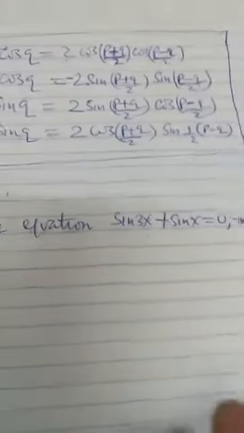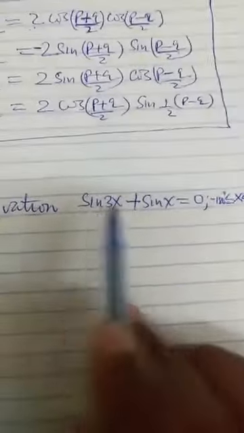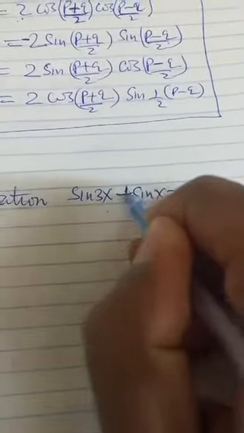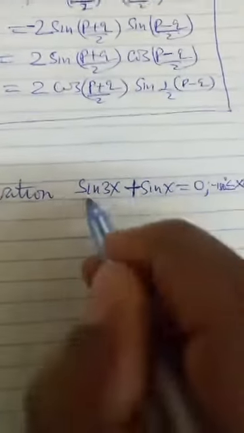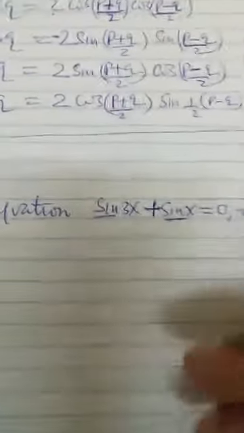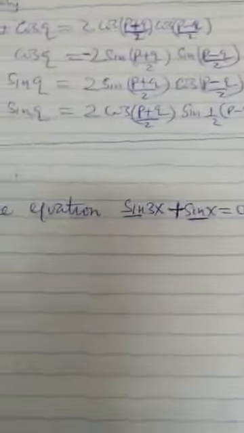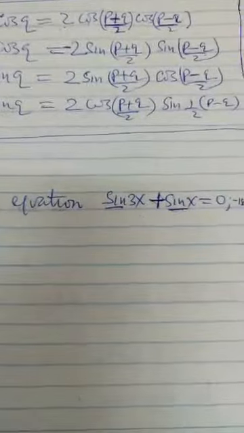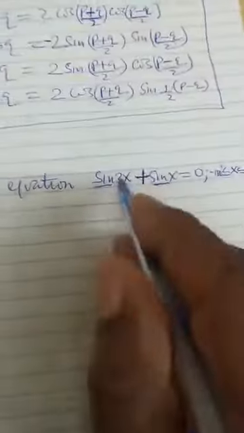The solving, apart from this now being the factor formula use, would be the same. That is sine plus sine. That's where you see that you need to use the factor formula. Numbers of this nature could also be cos plus cos, so you look at the angles.